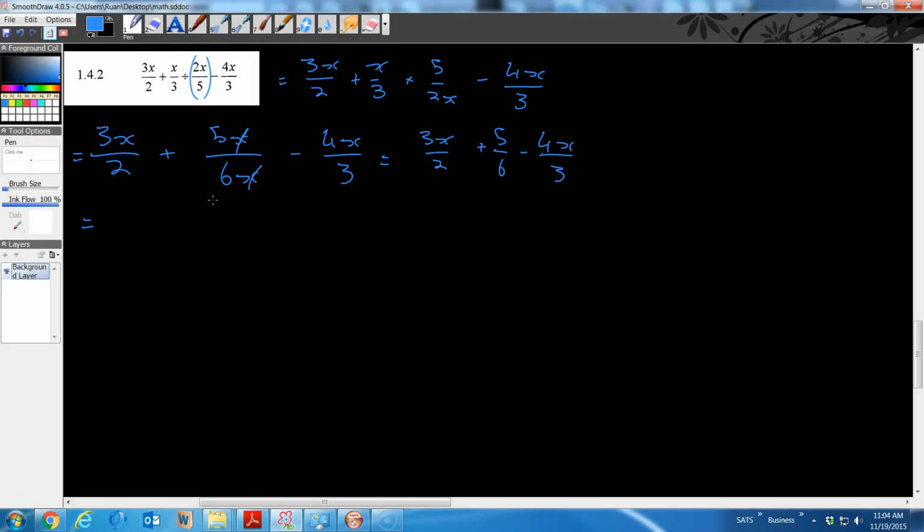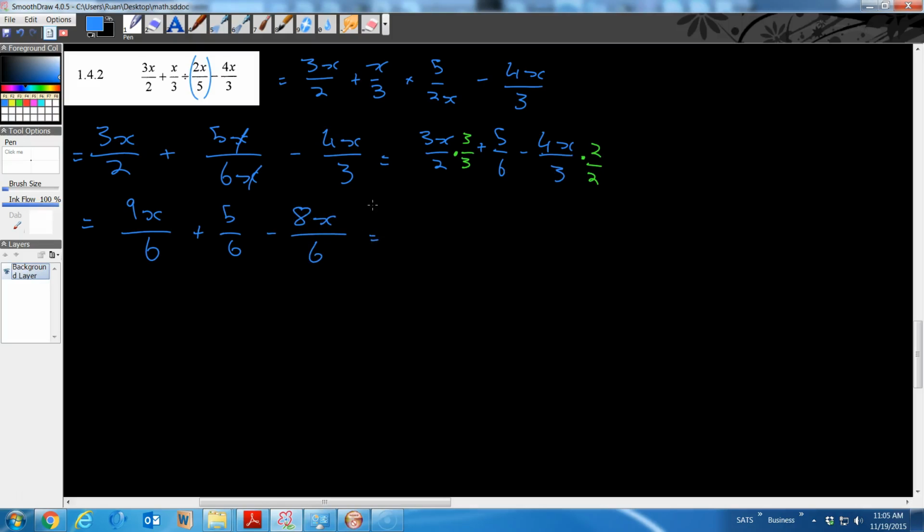My next step would be to multiply each term by something that would make the bases the same. So I want the bases to be 6, right? Because I can multiply this by 3 over 3. That I'll leave it as it is. This I'll multiply by 2 over 2. 3 times 3 is 9x over 6 plus 5 over 6. 4 times 2 is 8. 3 times 2 is 6.